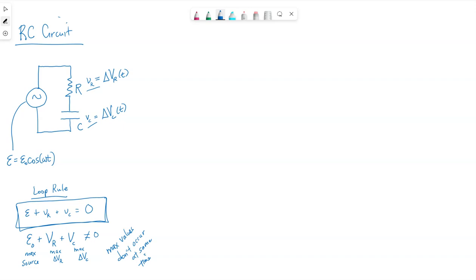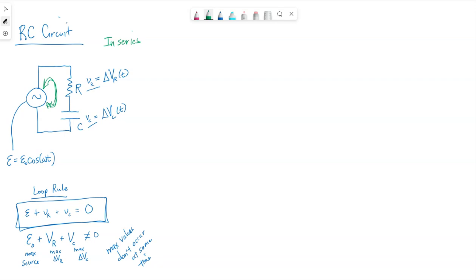Now, to talk about the overall current that's going to end up flowing one direction and then the other, back and forth, this is where the phasors come into play. In series, if you remember having resistors in series, they had to have the same amount of current flowing through them. Capacitors in series, they had to have the same amount of charge that has accumulated on the plates.